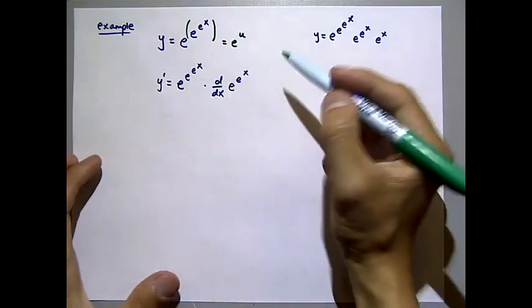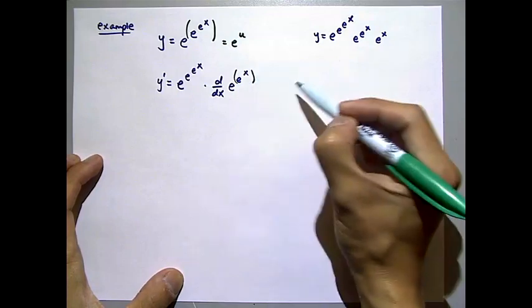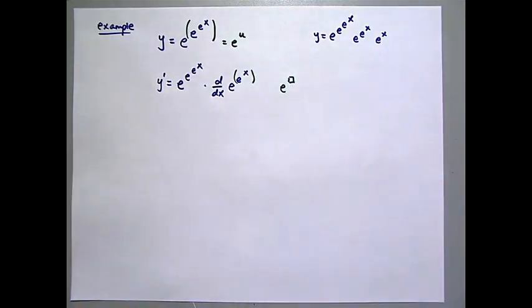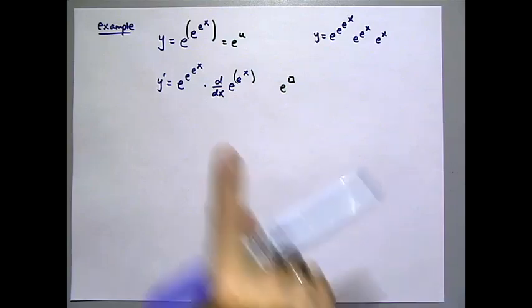Here we have to take the derivative of whatever we're calling u. Okay, now what's going on here is the same thing. This is another e to the something kind of situation. You know how to deal with the derivative. The derivative is e to that something times the derivative of that something.